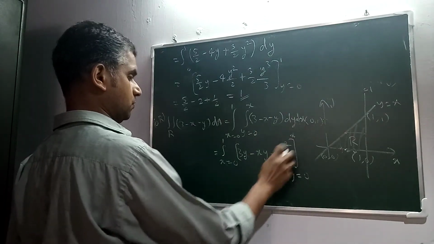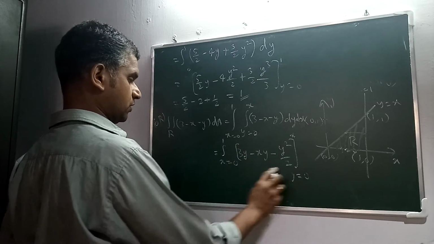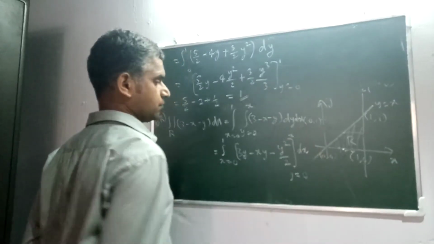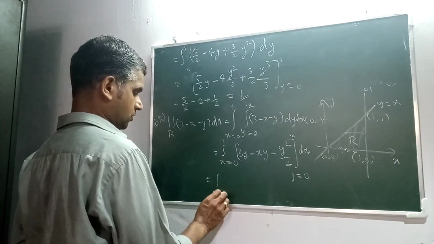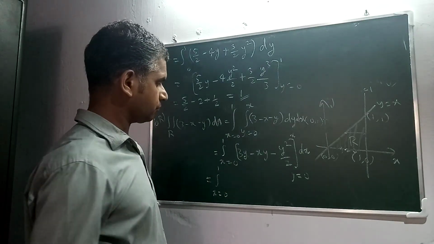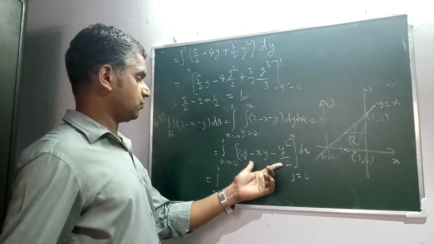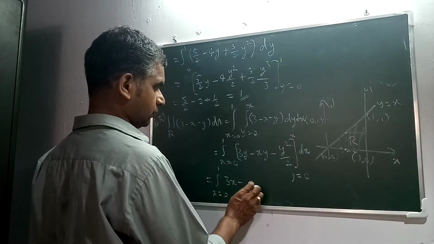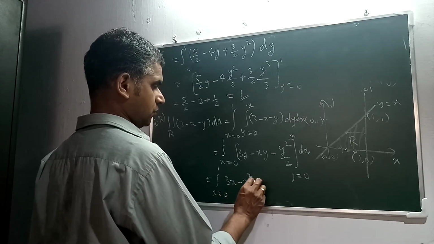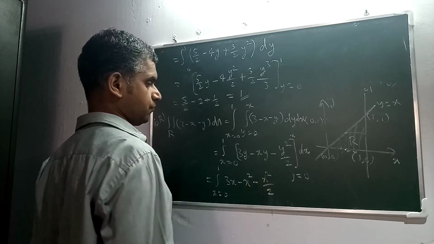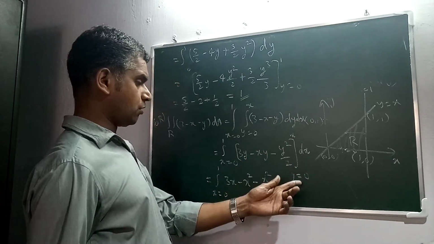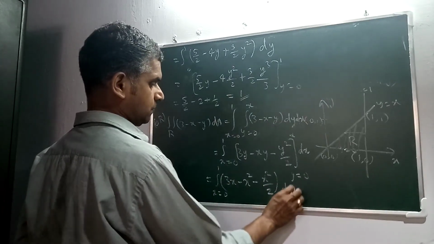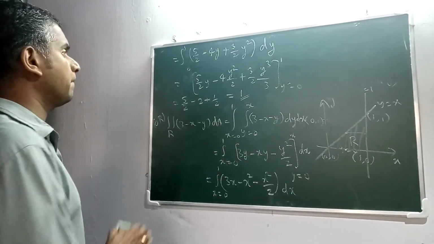Keeping x fixed, the whole expression is going to be a function of x. So dx, this is equal to integral x is equal to 0 to 1. So substitute y is equal to x here. So 3x minus x square minus x square by 2, and in the lower limit y is equal to 0, so minus 0, dx.